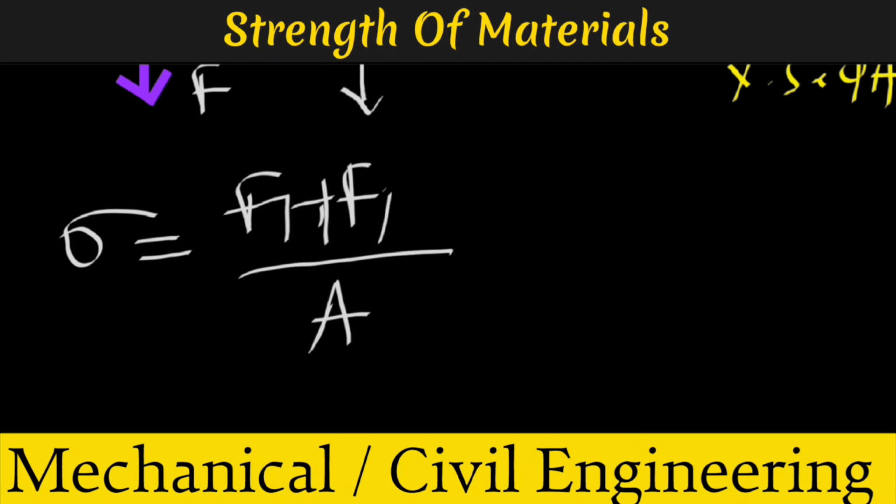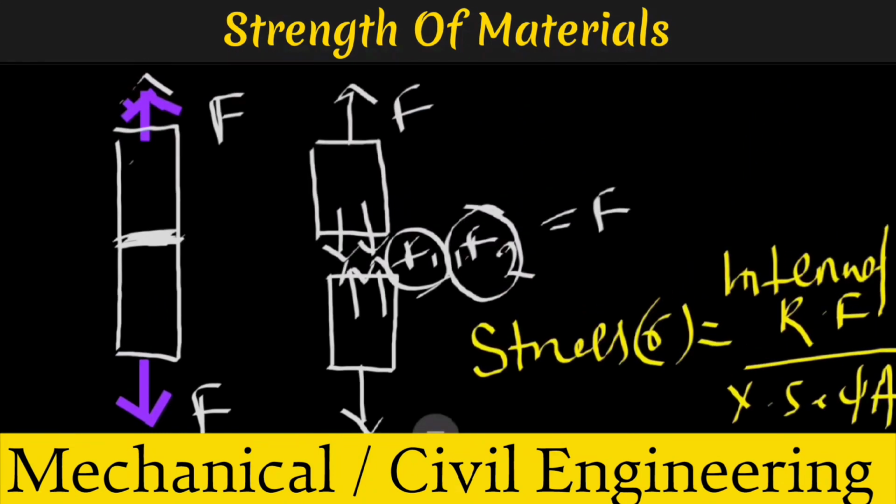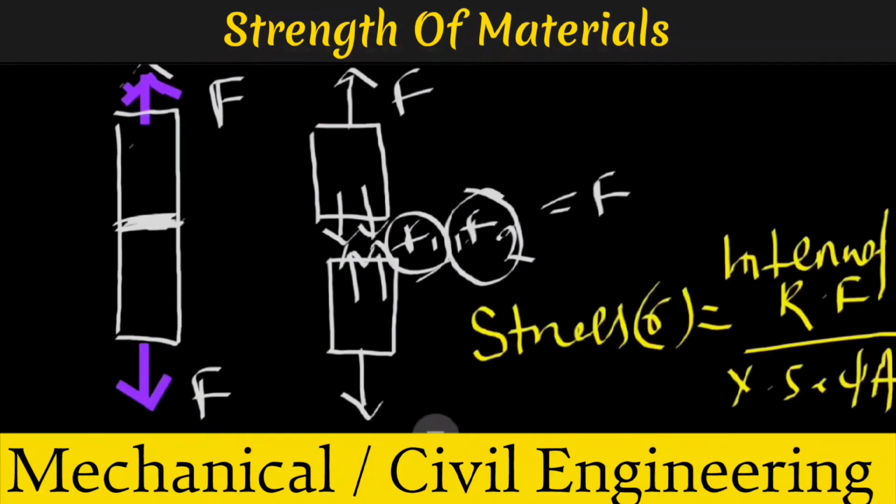So here what is F1 F2? Remember in strength of material, whatever the force is applied on a body, pull in nature or push in nature, the forces are always equal. So static equilibrium forces are acting on this body.